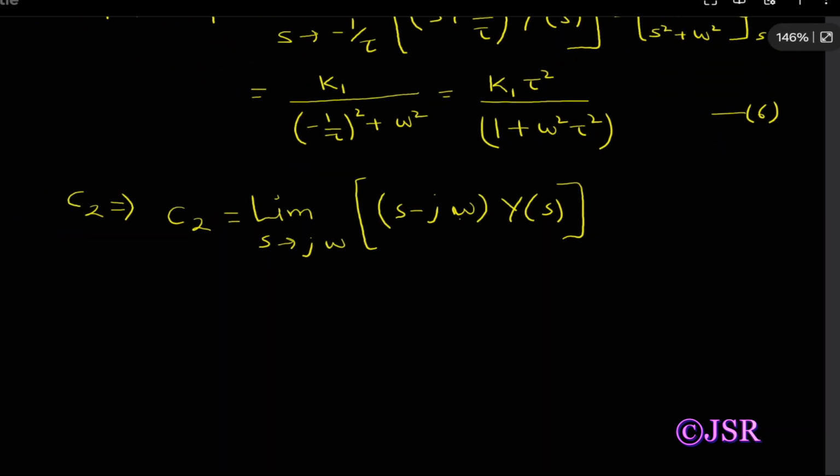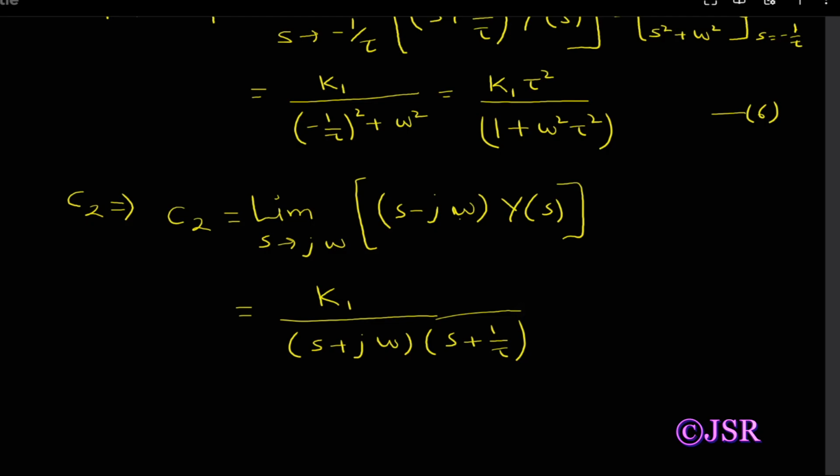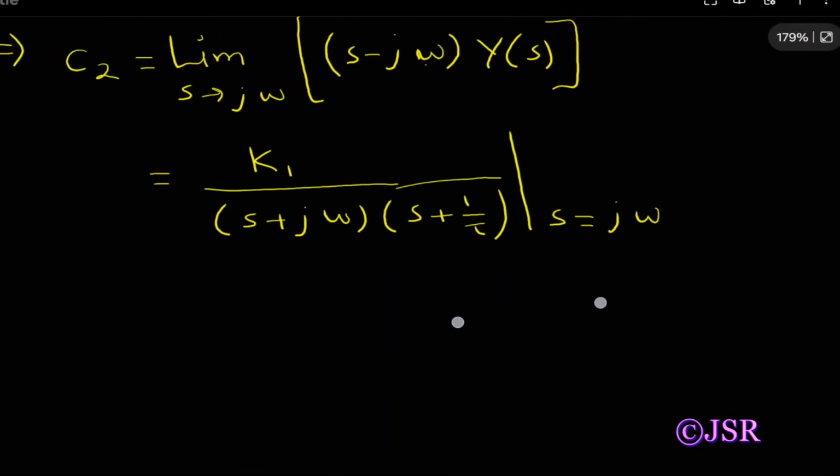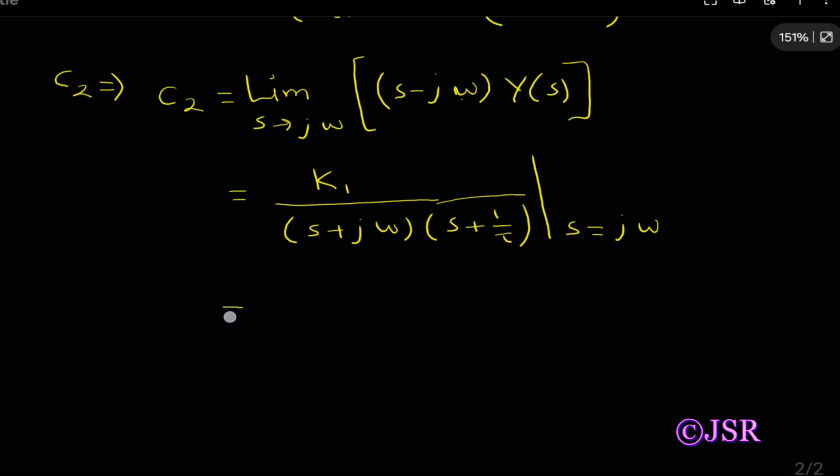So s minus j omega will cancel out and we will be left with k1 upon (s plus j omega)(s plus 1 by tau), and here we have to put s equal to j omega.